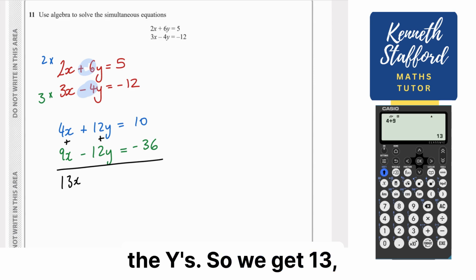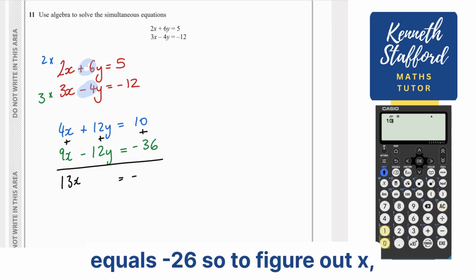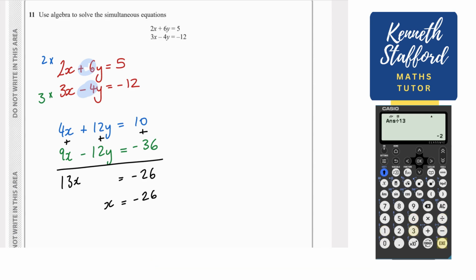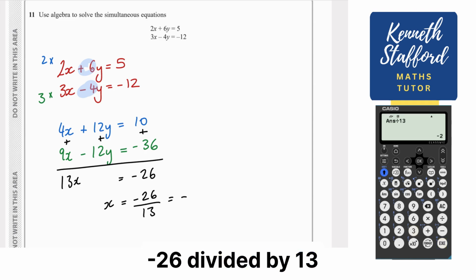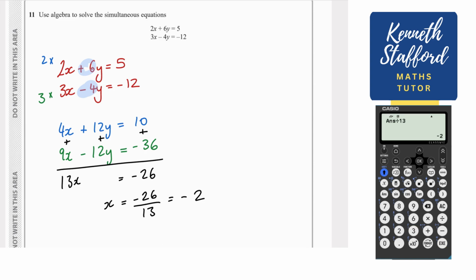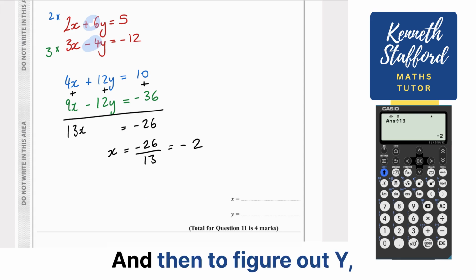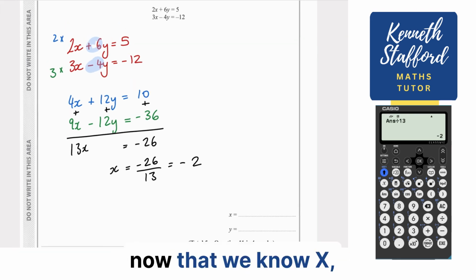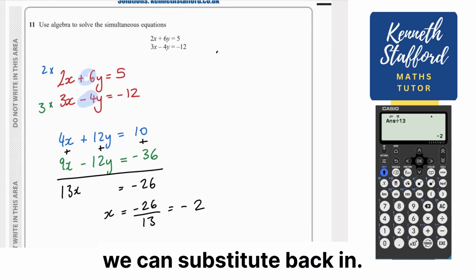So we get 13x equals minus 26. So to figure out x, we divide by 13. Minus 26 divided by 13 is minus 2. And then to figure out y, now that we know x, we can substitute back in.